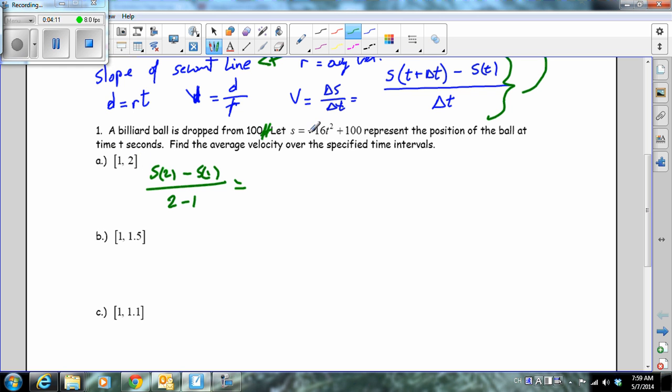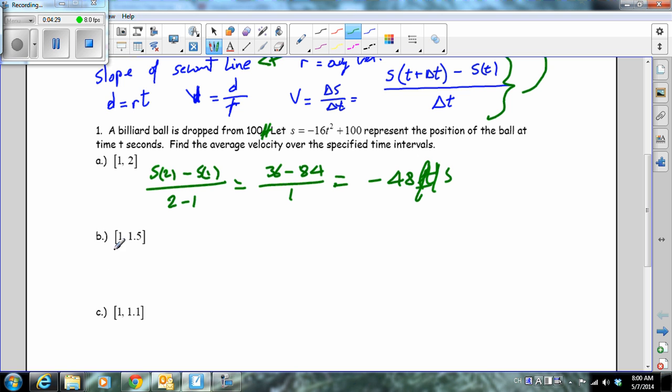I just plug in 2 into the equation, and I plug in 1 into the equation. You will end up with 36 minus 84 over 1, which is equal to negative 48 feet per second.